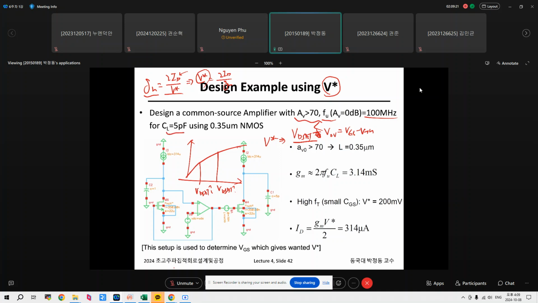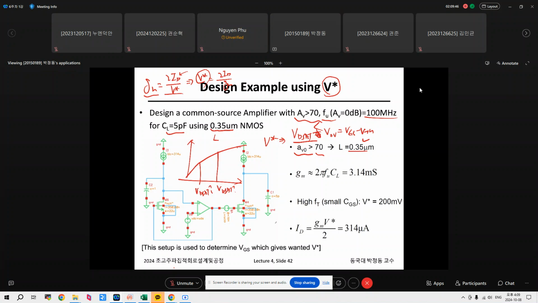In order for AV0 to be 70, we find L. We also know that L is 0.35 micrometer. We have to use the minimum gate length to provide a higher gain, so this is a reasonable choice.